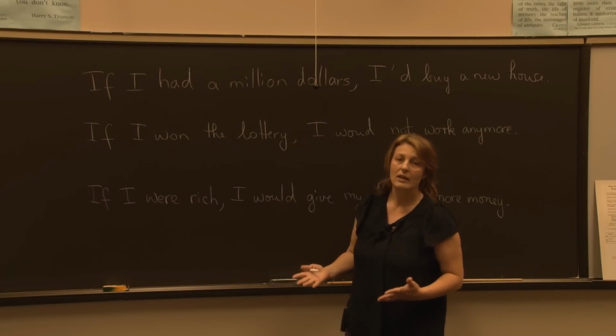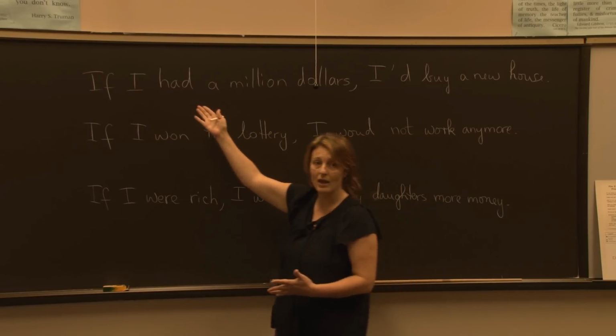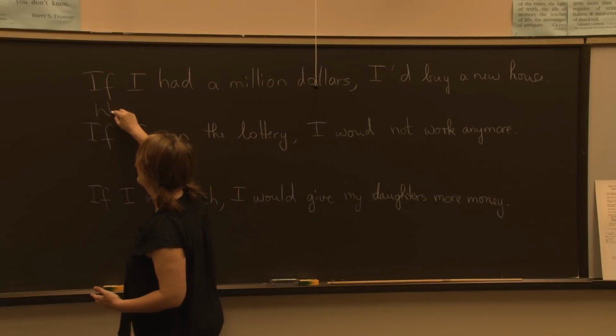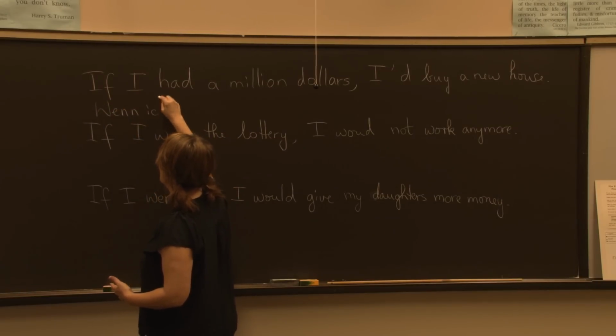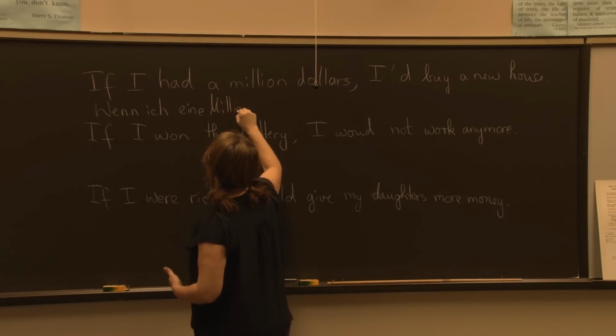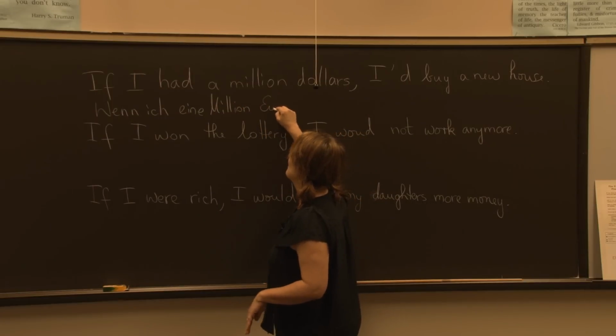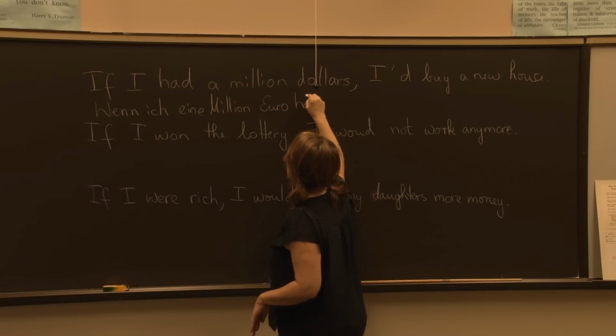For example, if I had $1 million, had has its own subjunctive form. So we use that. Wenn ich eine Million Euro hätte.